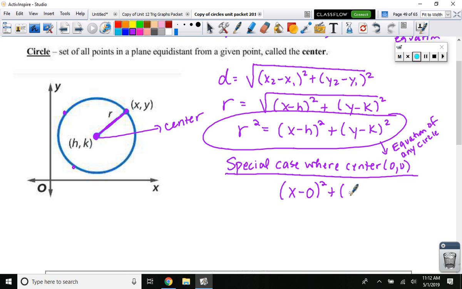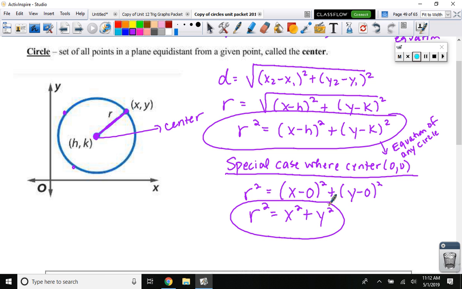But you need an equals here. What's on this side? R, radius squared, right? But x minus 0 is really just what? x, right? So this is going to be r squared equals x squared plus y squared when it has a center at the origin, right?